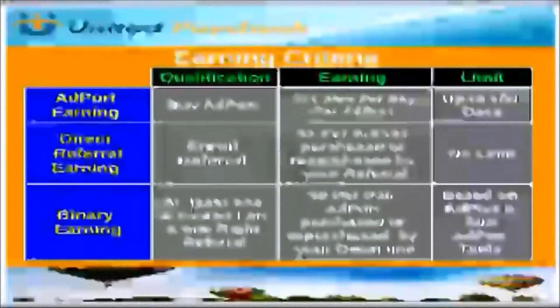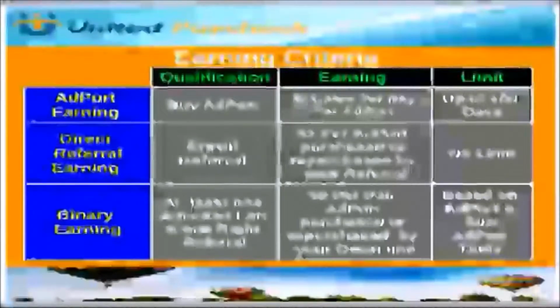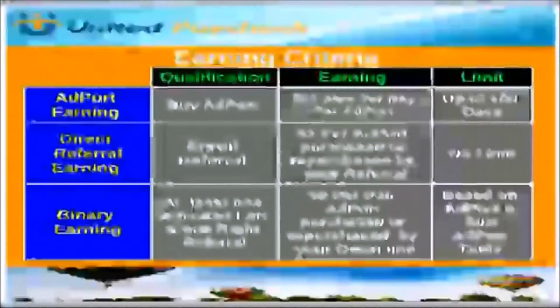Let's move on to the next slide, which is the earning criteria for the 3 types of earning we just discussed. Number 1, for ad-port earning, the qualification is that you buy an ad-port. What you earn is 30 cents per day per ad-port, and you earn this for up to 100 days.